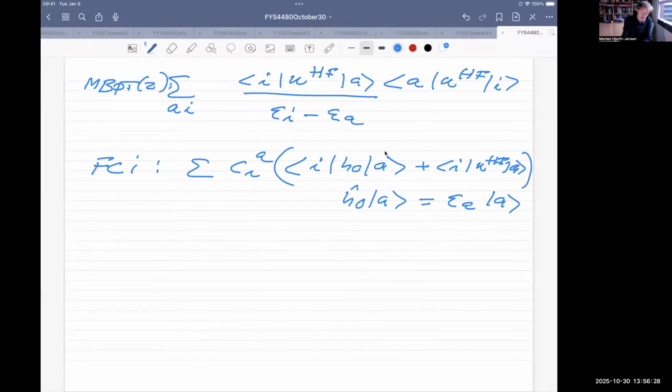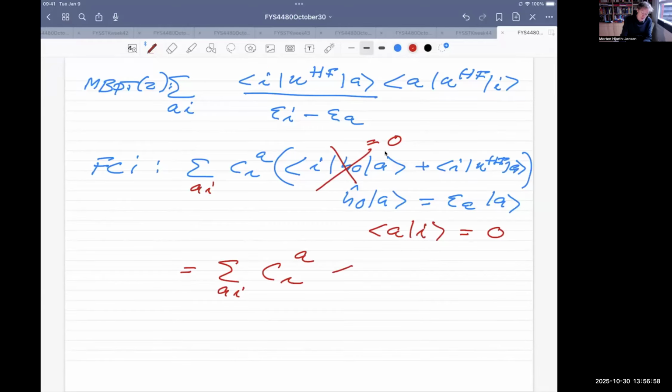If we assume that, then this term is going to be equal to 0. And if that is an assumption which you have made due to orthogonality, because then AI is actually going to be equal to 0 because A is going to be different from I. In that specific case, this summation which we have becomes equal to AI. I have this coefficient CIA, and then this is multiplied with, actually I should have had inverted A and I here. So here it's actually A, and this should be I. So let's just do that, sorry.